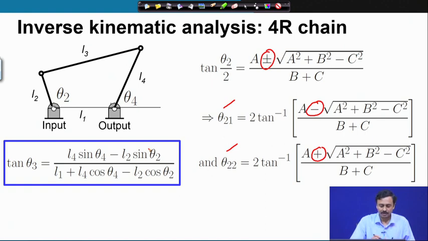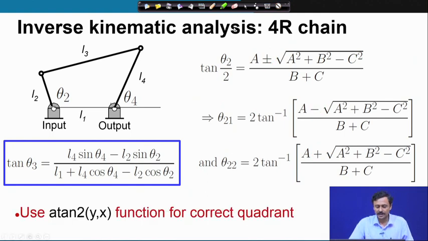So, every time we do this tangent inverse, we must use this A tan 2 y comma x function for the correct quadrant. So, what is y? So, y is the numerator every time.